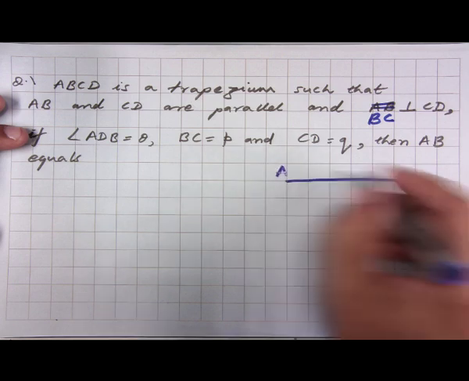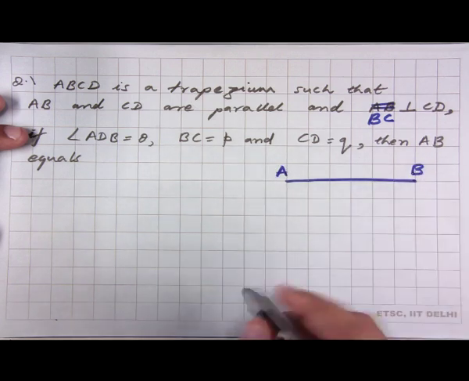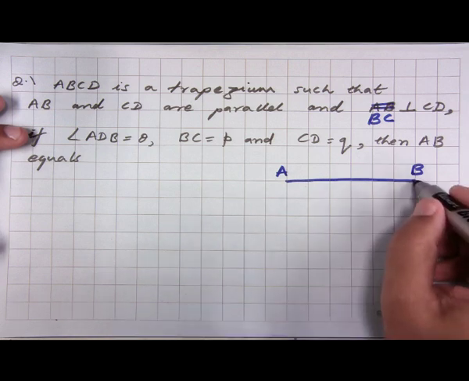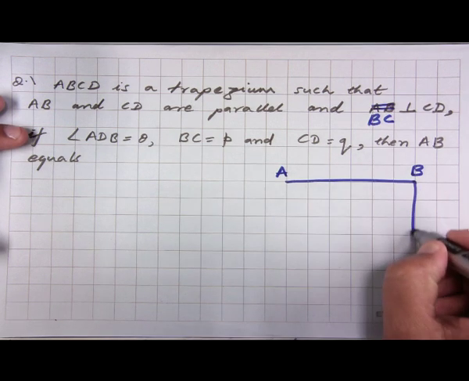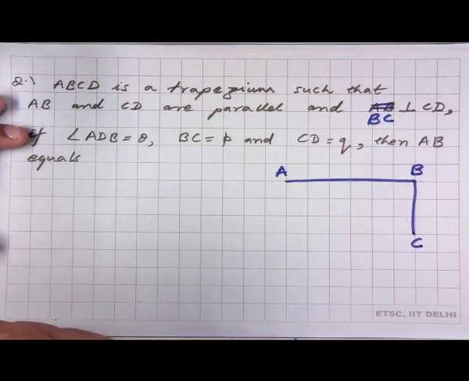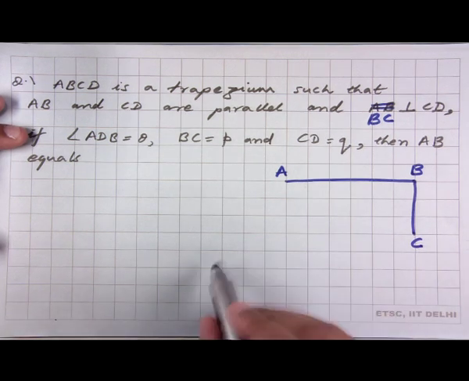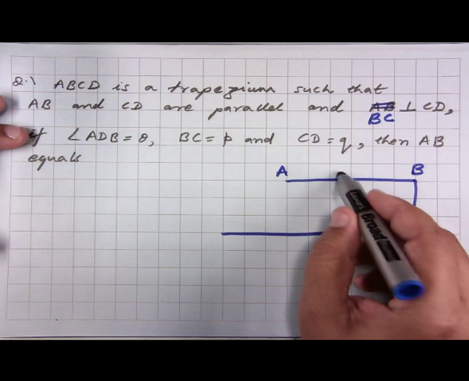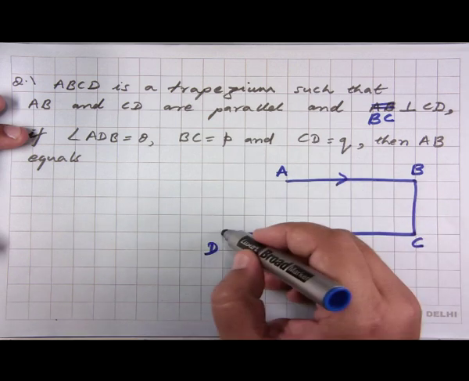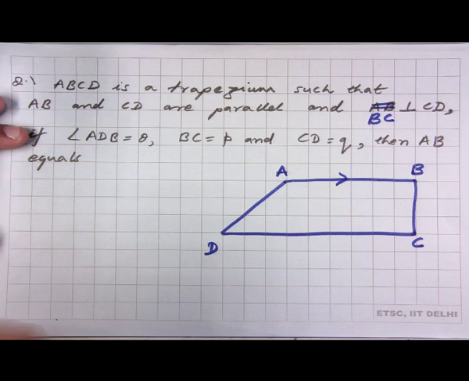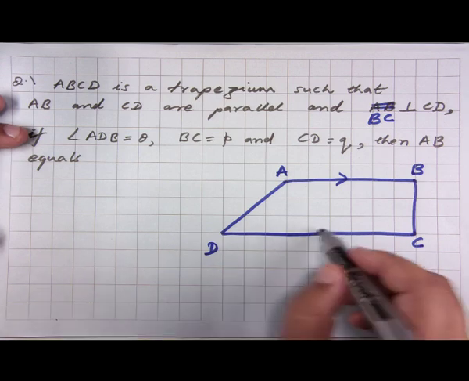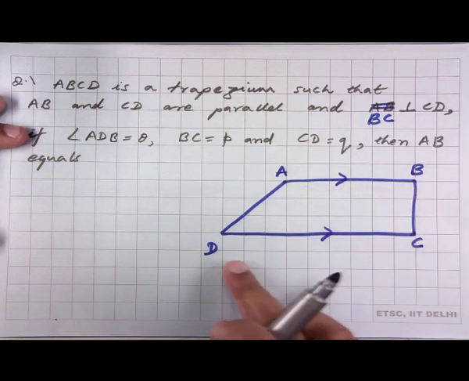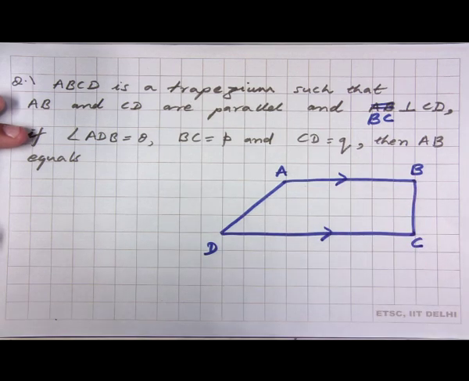So, AB, so we have D here. So, this is the trapezium ABCD, and AB and CD are parallel to each other.